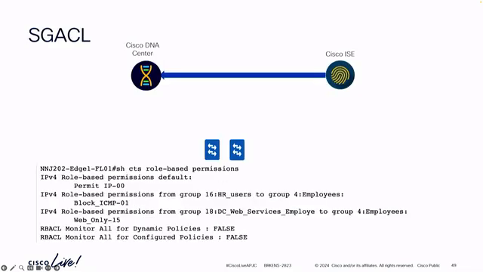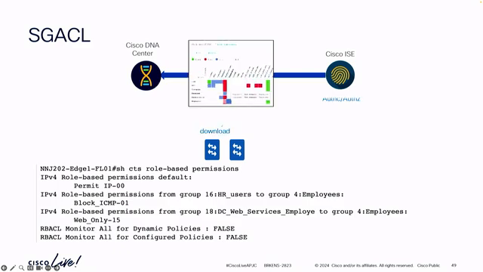Then we have SGACL. I mentioned a couple of times that enforcement happens at the egress, and it happens with SGACL. So what is happening here? You can see we have Catalyst Center and we have Cisco ISE, where all the policies are defined. Then this policy gets downloaded or pushed from ISE using that secure tunnel, the PAC tunnel, what we discussed, right?